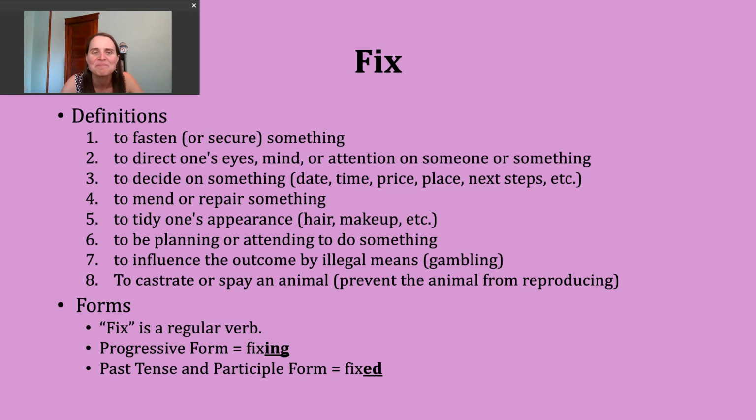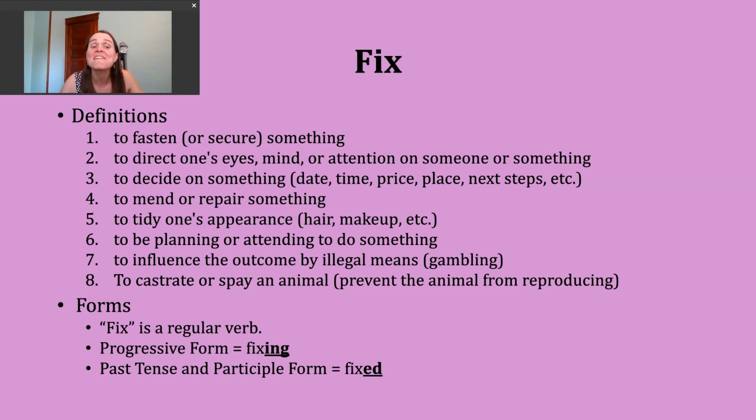That's done with money. Now, an eighth way you might hear fix get used is in connection to animals. And so this is where an animal is either castrated or spayed, which those might be new words for you as well. But really what we're doing is preventing an animal from reproducing. So usually removal of sex organs to prevent them from having babies.